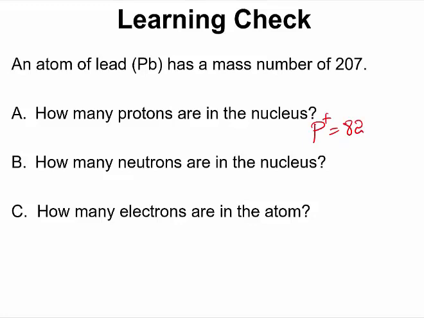How many neutrons are in the nucleus? To answer that question, all you need to know is the mass number. The mass number was given to us. So, to know the answer to that, you would have to subtract 82 from 207. And my calculator says it should be 125.